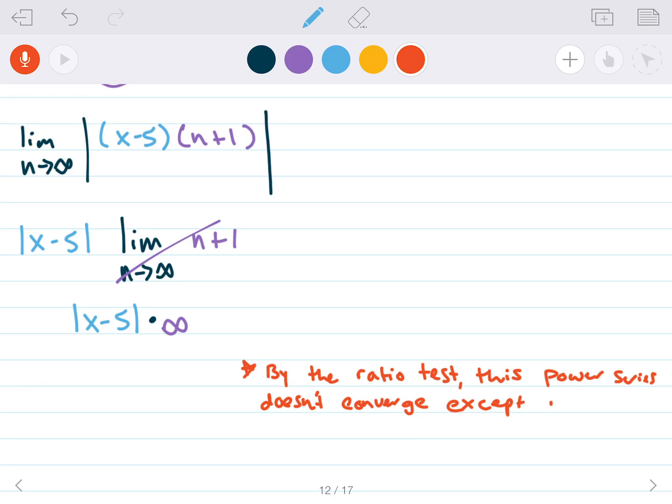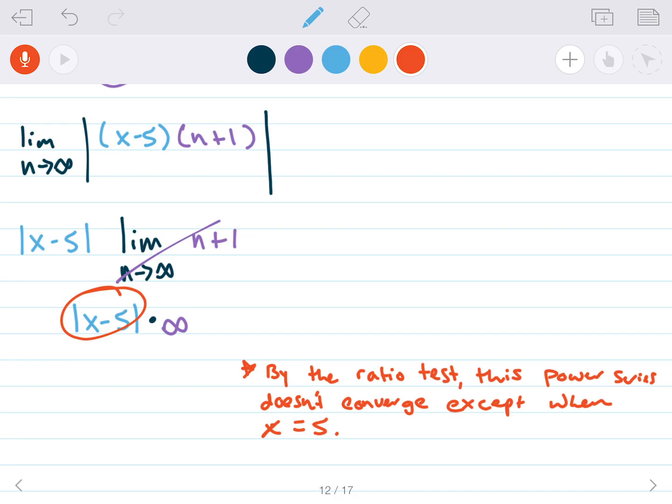Except when x equals 5. That's the exception. When x equals 5, this thing turns to 0, and this thing's going to converge to 0. But if x is anything else, times infinity is infinity. So the ratio test concludes that the only point this thing converges at is at the center.